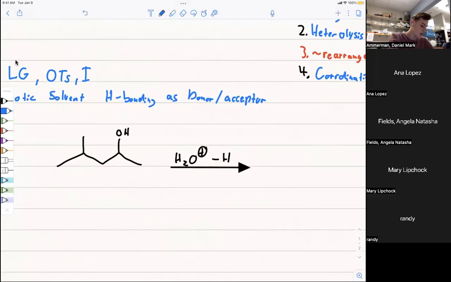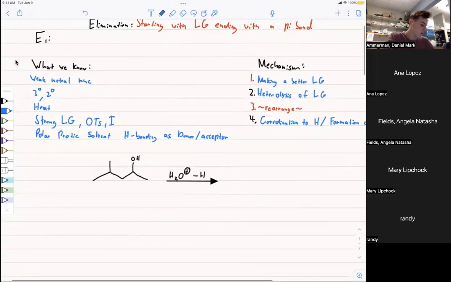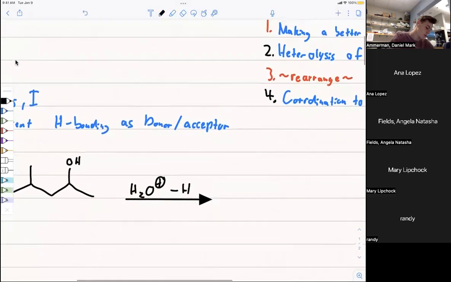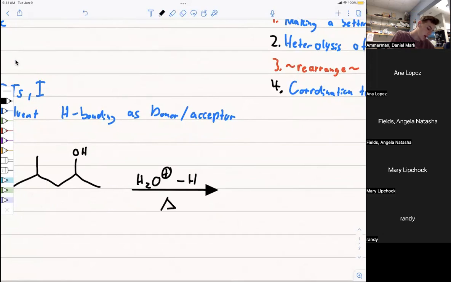So here what's going to happen is we are going through our mechanism. I meant to put also delta can indicate heat. Other ones are hv, that is specifically light, or that kind of heat that will do it. You could also see, very rarely, HT, maybe T control.